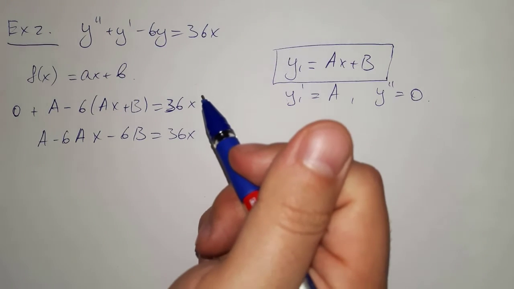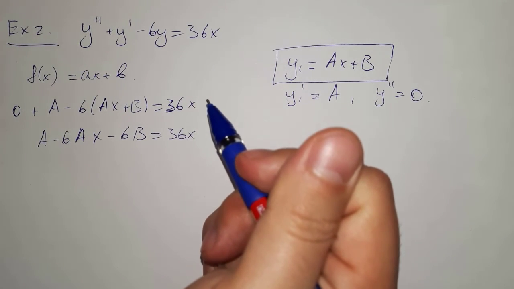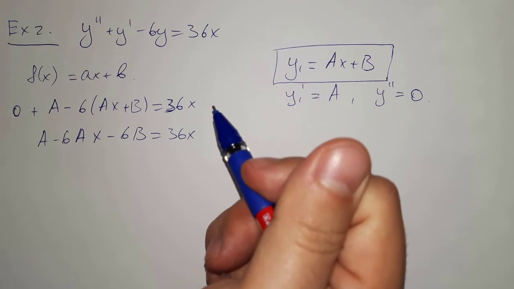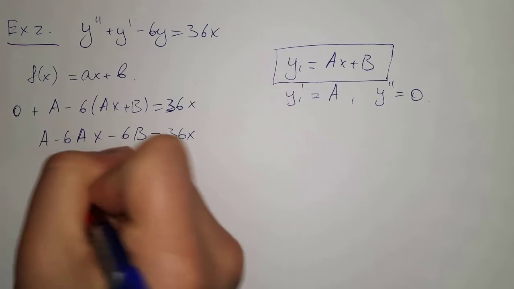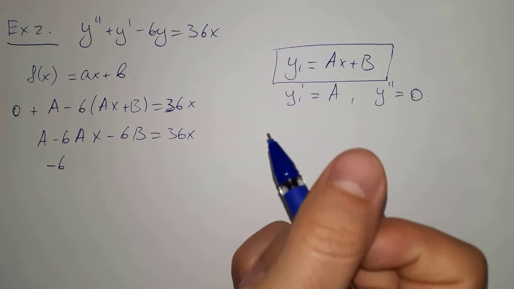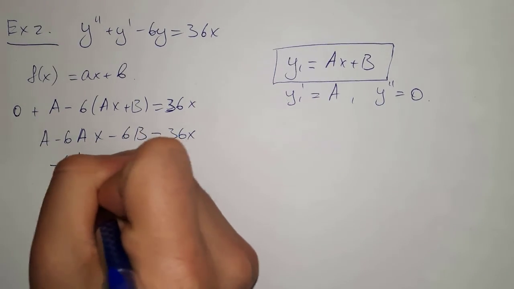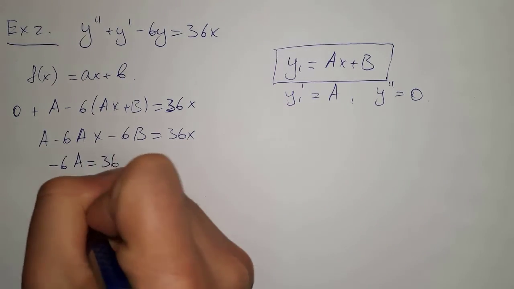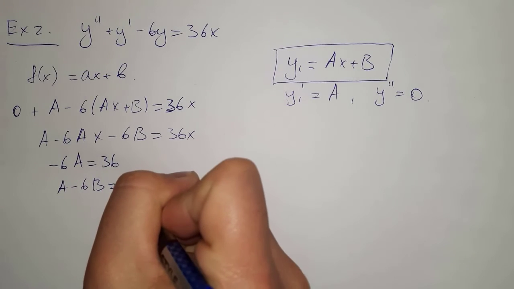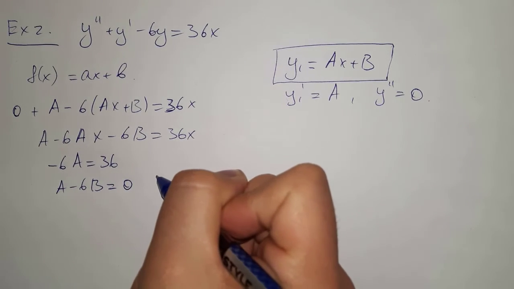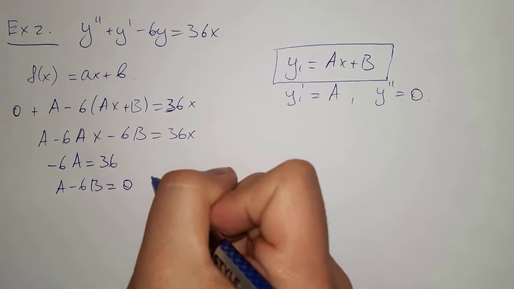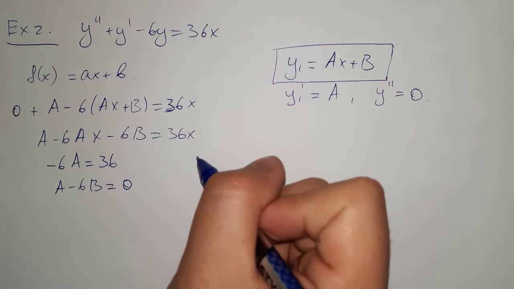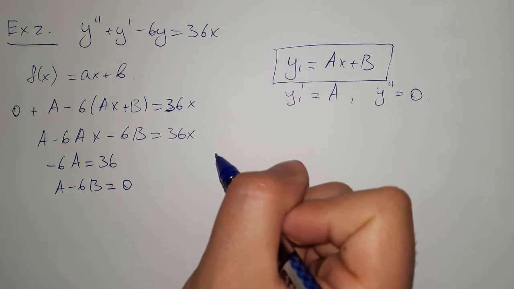And now what can we deduce here? Equating the corresponding coefficients, minus 6a is 36, and a minus 6b is 0, because the zero power term is 0 on the right side, so they should be the same. This is an identity.